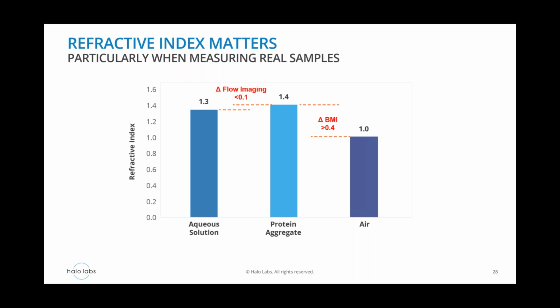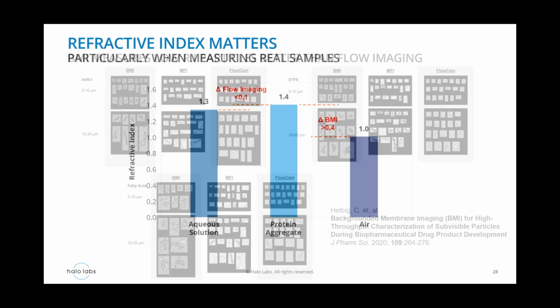Not only do we have everything in focus, but on top of that, understanding that these protein aggregates are low refractive index contrast, and we truly want to measure everything, we have this high refractive index measurement methodology, which inherently has much higher refractive index contrast, tens of points higher than you can get with flow imagers or light obscurators. That's really important for proteins and biologics.